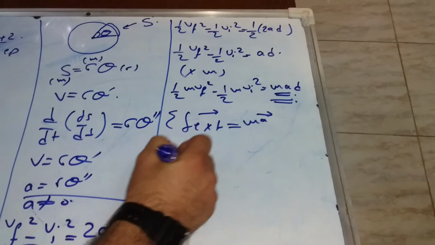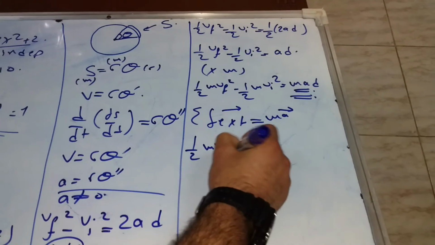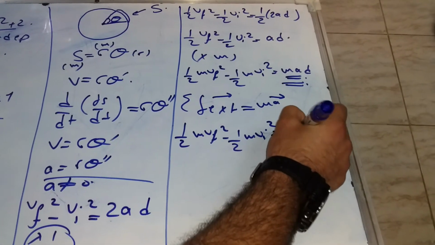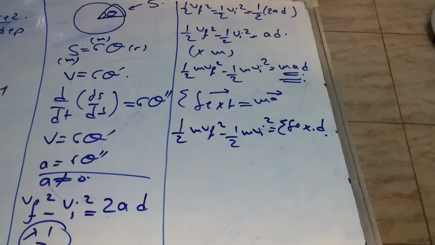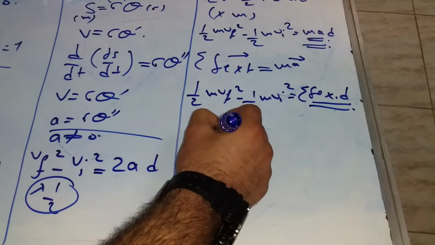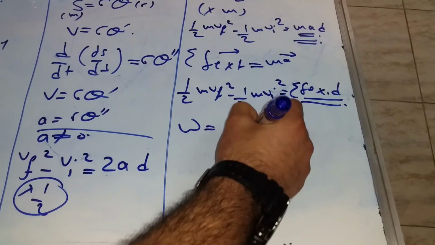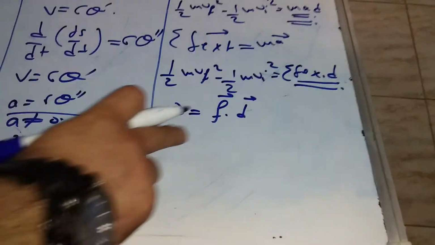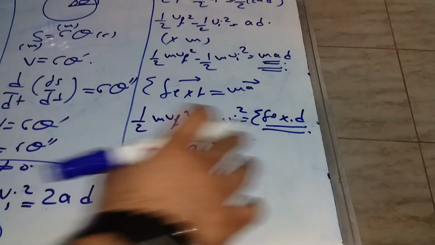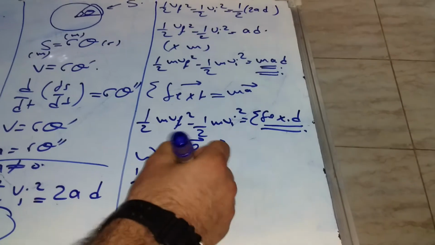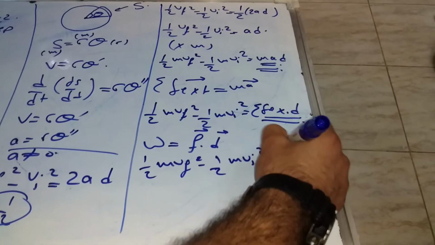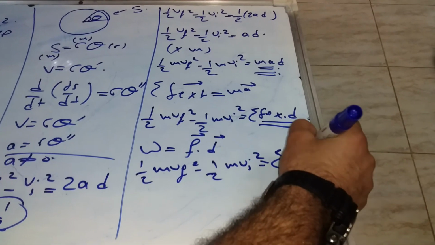So therefore, half m v final squared minus half m v initial squared is going to be equal to sigma F external multiplied by d. But also this term is not weird, because as we know, work is equal to F dot d, which is the work done by the force F. Therefore, the work energy theorem is proved: half m v final squared minus half m v initial squared is equal to sigma work done by F external.